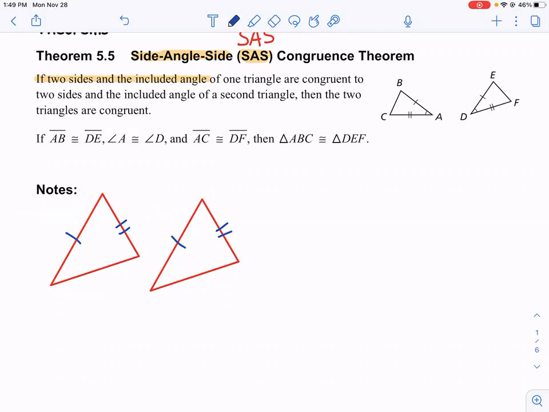Come point it out. Is she correct? She pointed at each. Okay, this is our included angle. We have side.